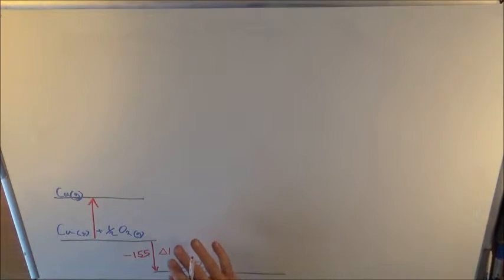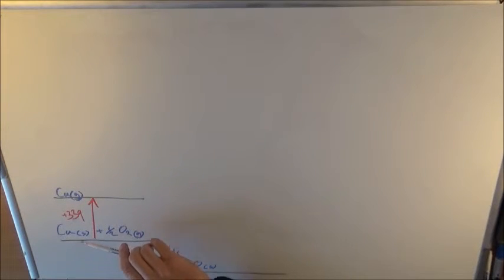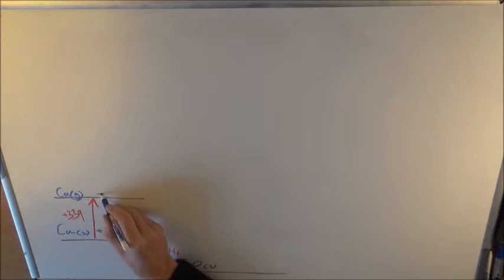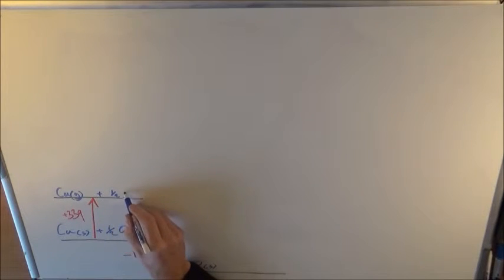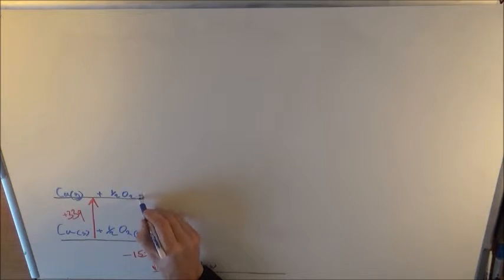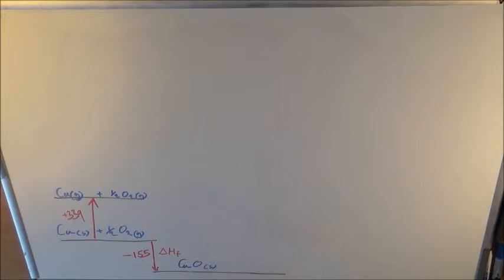I'm not going to write in the symbols for what these are, otherwise it will get too crowded. But that is plus 339. All I've done there is atomized the copper, and nothing's happened to the oxygen, so it's unchanged. It's just half a mole of O2 molecules. It's in the gas state, but it's still O2 molecules.